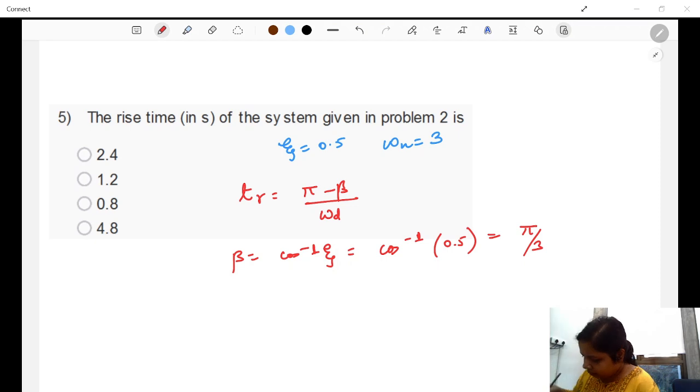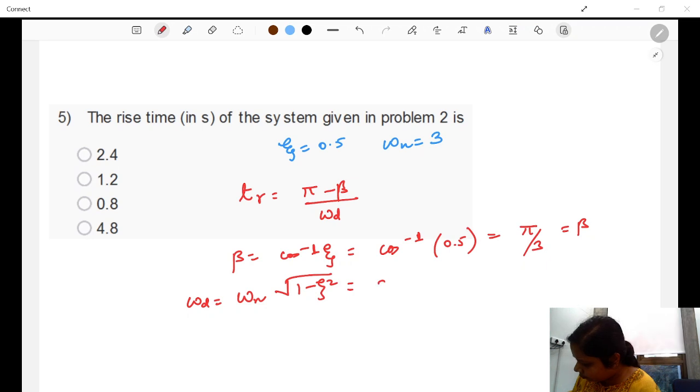60 degrees. Then once you get beta, so this is beta basically. Beta is equal to pi by 3. Okay. Now what we need to find out? Omega d, which is omega n root of 1 minus zeta square. So what is your omega n here? 3 into root of 1 minus 0.5 square.